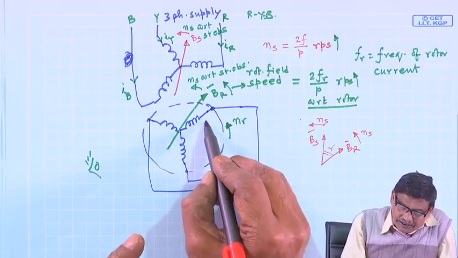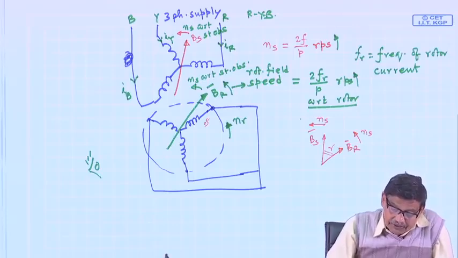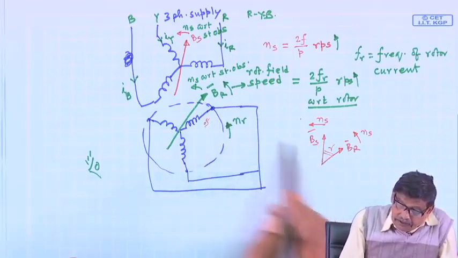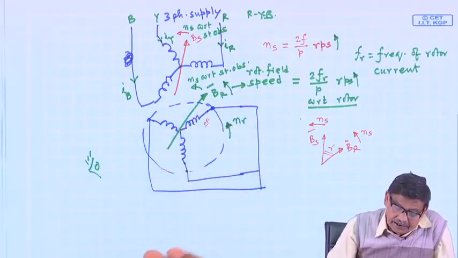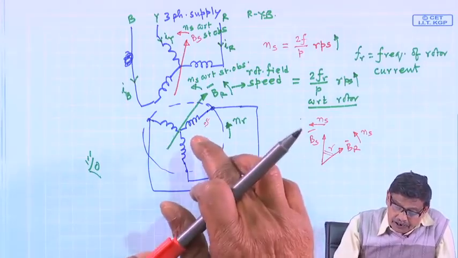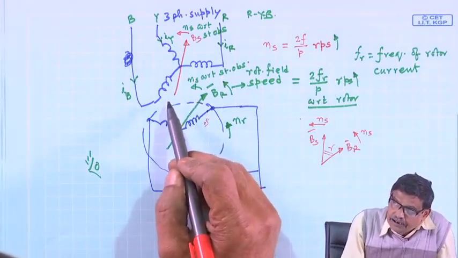An observer sitting on the rotor, the rotor itself moving with nr, will conclude that with respect to him the stator field and the rotor field are moving with a speed ns minus nr.